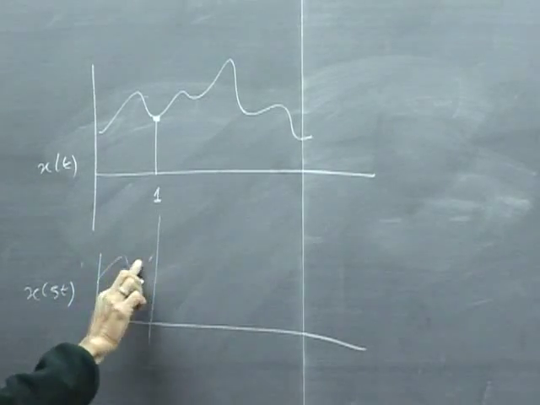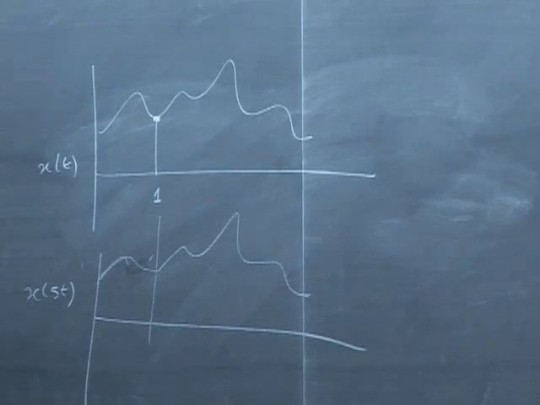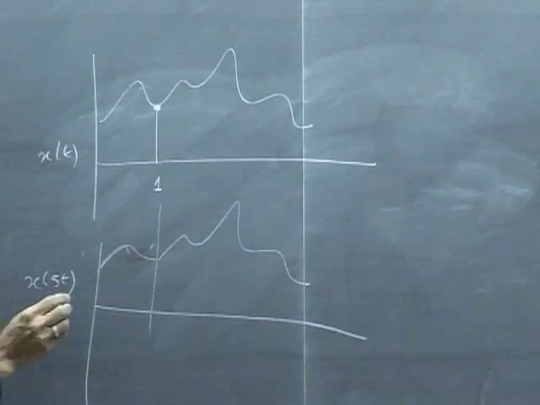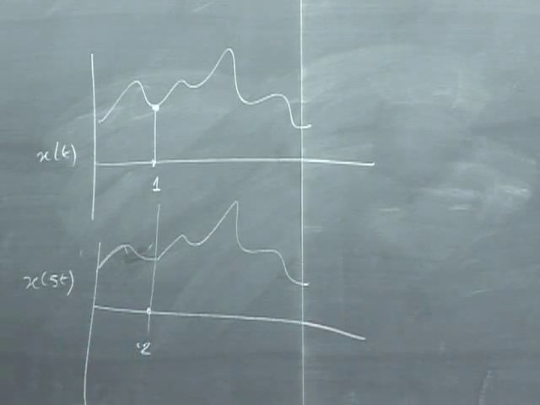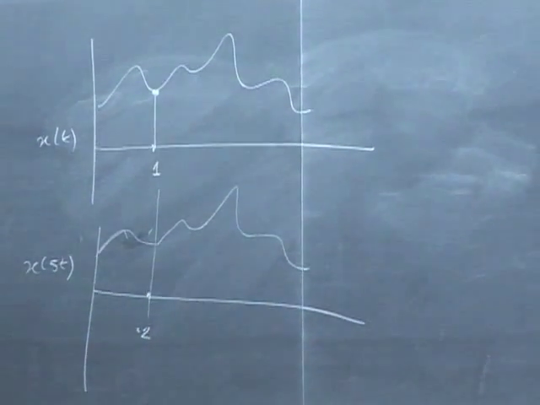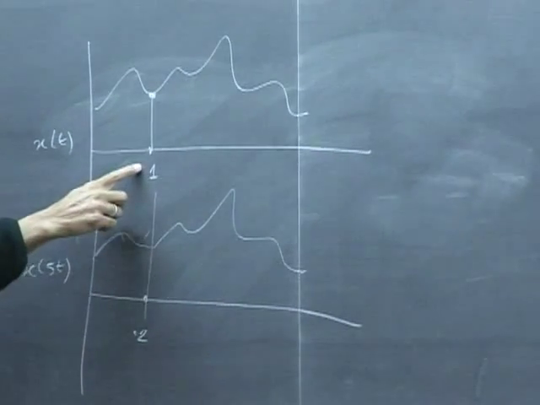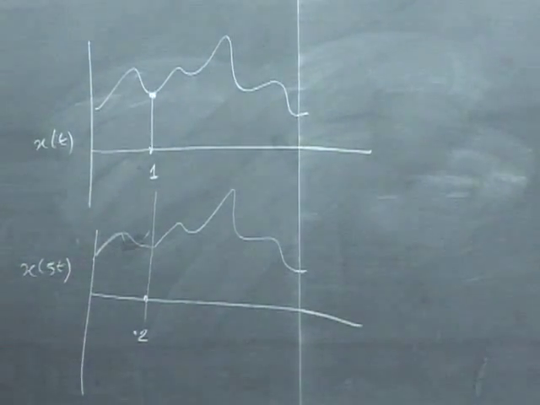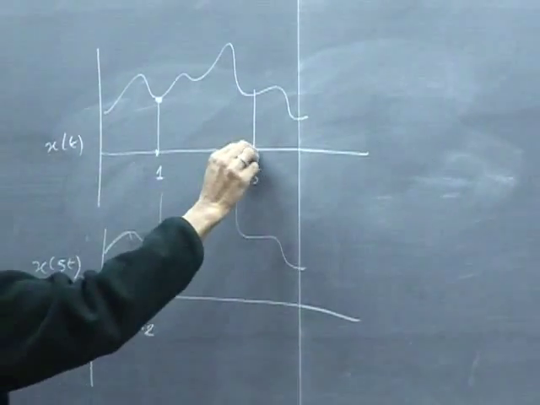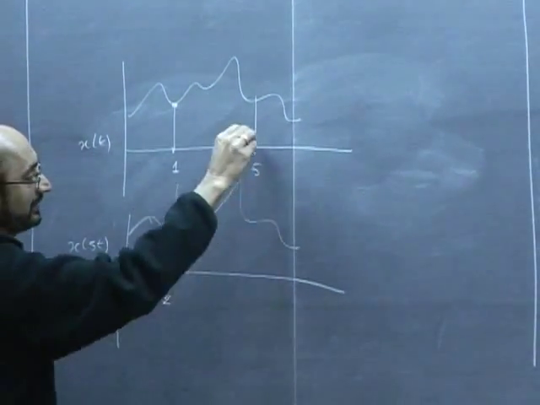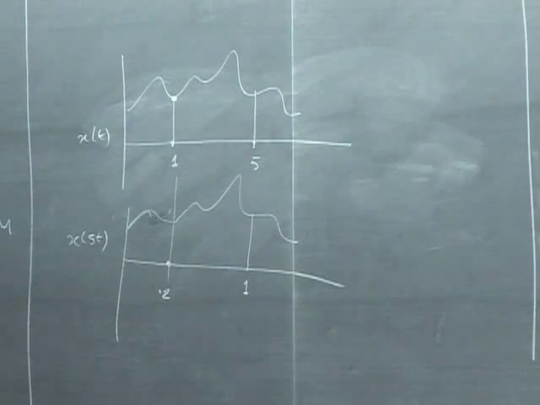I'm going to try and draw the same thing. It's going to look the same signal because the signal isn't changing, except that what is happening at 1 happens here at time point 0.2, because 5 times 0.2 is 1. So what's happening over here at time 5 is going to happen over here. The same value is going to be basically 1, because that's what x of 5 is.